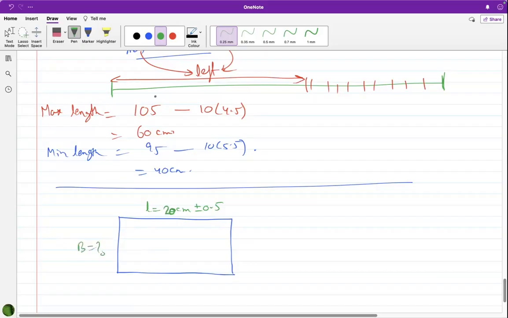Breadth is unknown and area is given as 30 centimeters square plus minus 0.5. So we need to find B max and B minimum, let's say to one decimal place.